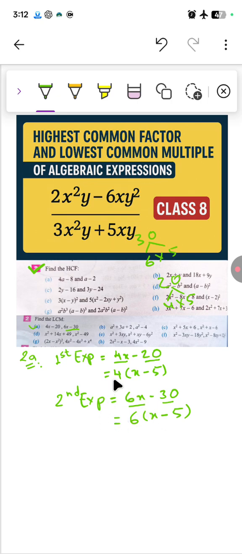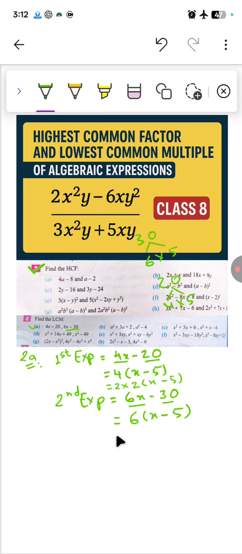Now further we have to see what is the LCM. LCM means the common factors as well as the product of the remaining factors. So here we see 4. 4 can be further factorized, that is 2 multiplied by 2. Then after this remaining is x minus 5.